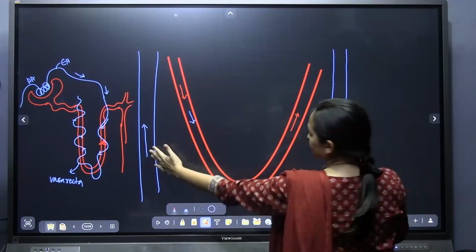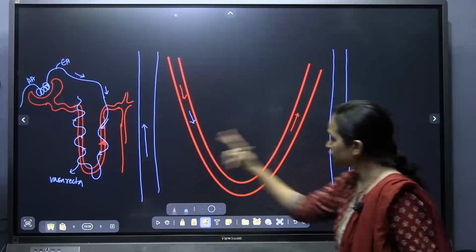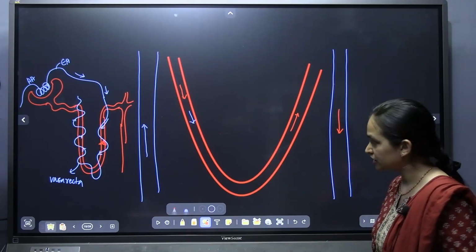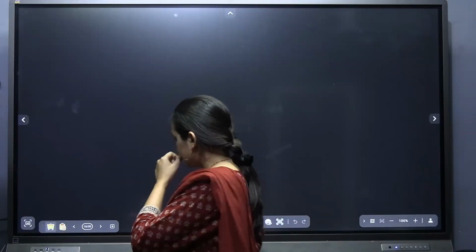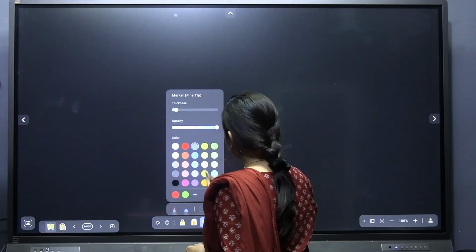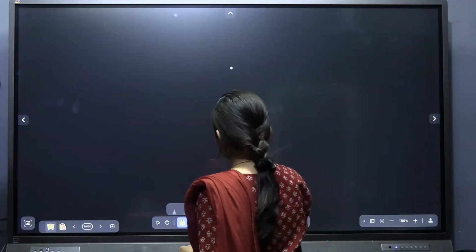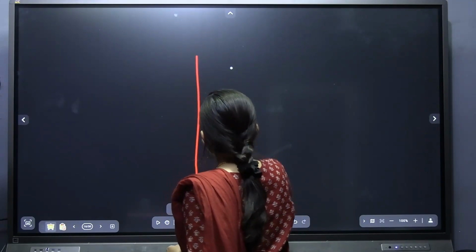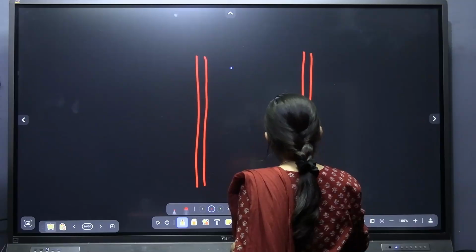Yes. This is very much required. I'll tell you why it is required. This is a blood vessel.